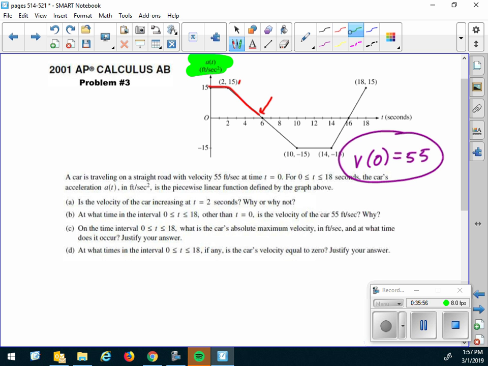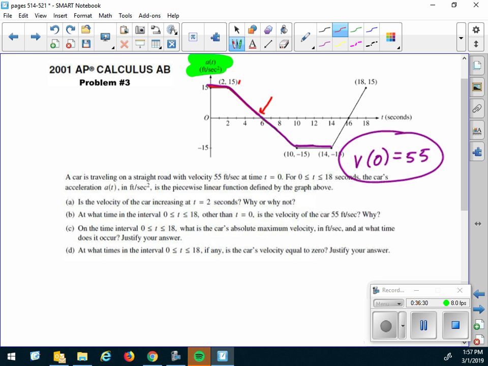What happens down here? The velocity starts to decrease. So the question is, if we have been increasing from 55 feet per second, how far down do we have to go to get back to 55? Why 12? Say again? You spent 6 seconds increasing your velocity, so you spend the other 6 seconds.